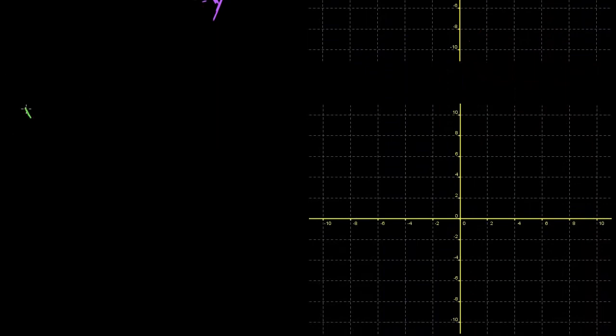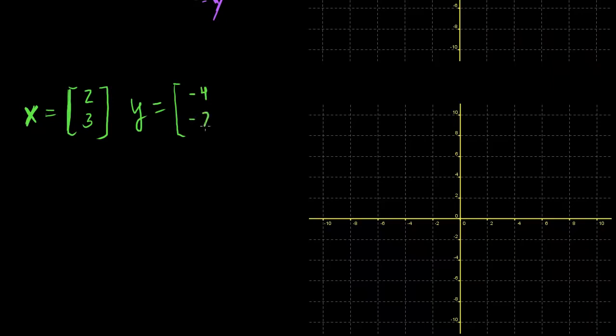Let me define vector x, in this case, to be (2, 3). And let me define vector y to be (-4, -2). So what would be x in standard position? It would be (2, 3).